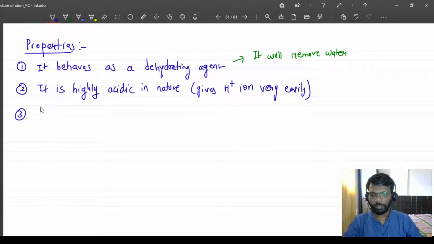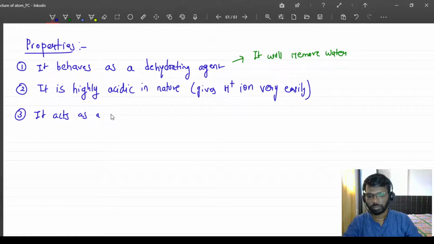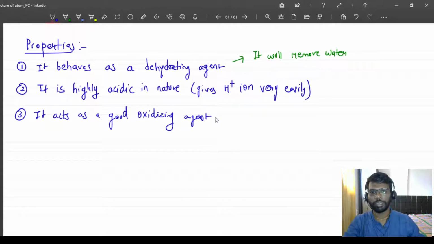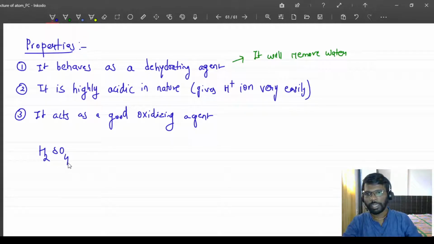Third, it acts as a good oxidizing agent. Oxidizing agent means itself will get reduced, right? In H2SO4, the sulfur is in the maximum oxidation state, it is plus 6.